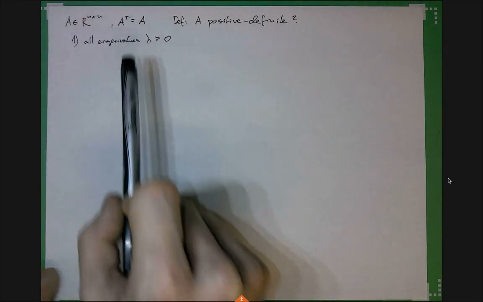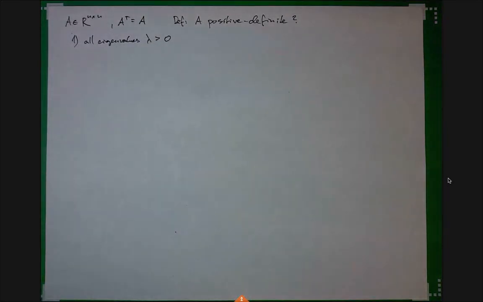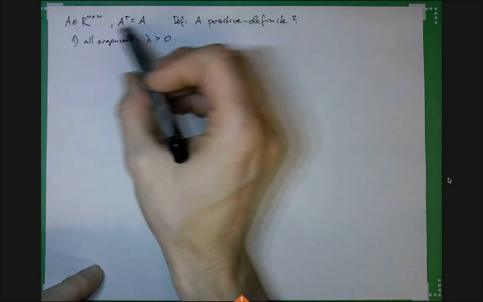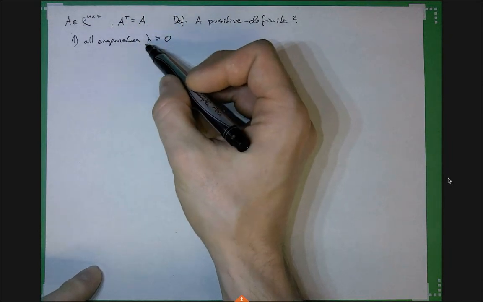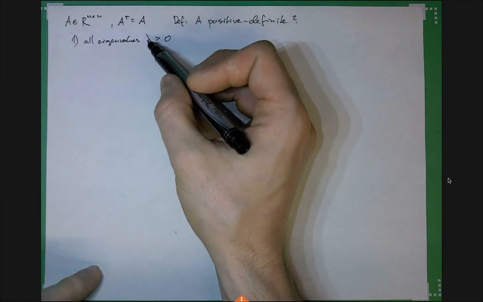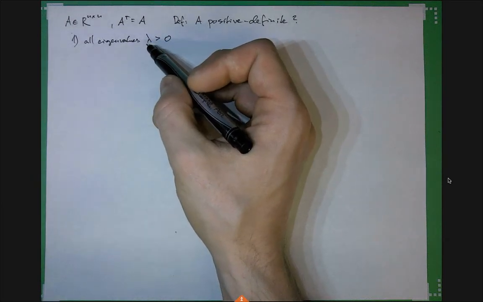So what do we know about the eigenvalues? They cannot be complex. They will all be real. So this little problem does not appear there. We know from the fact that the matrix is real and symmetric that all the eigenvalues must be real, and therefore it makes sense to talk about a real positive number.